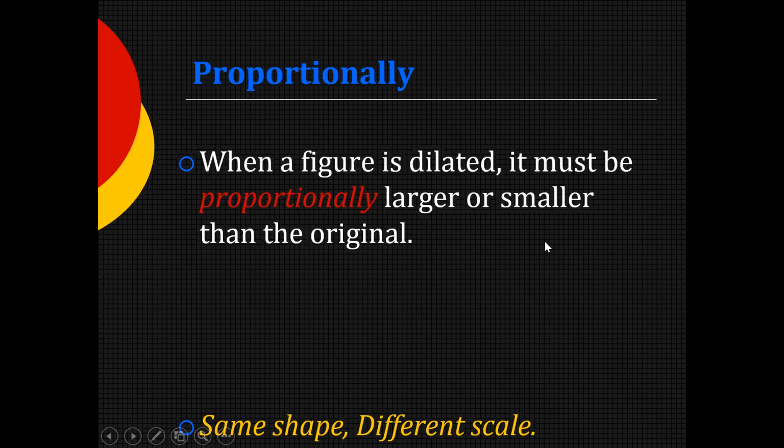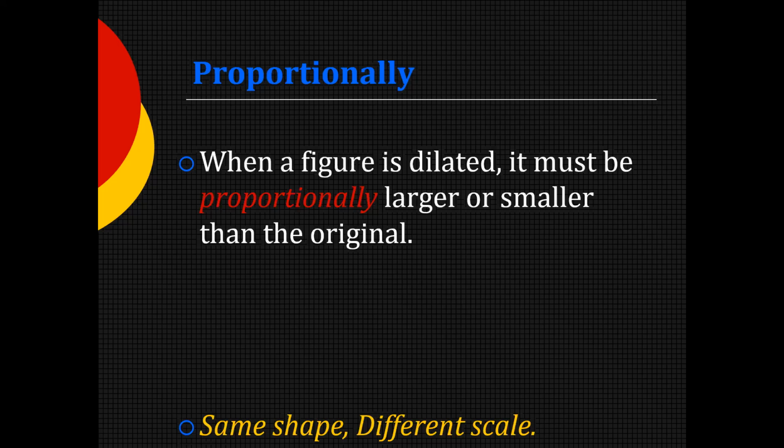It's similar but not exactly the same. When a figure is dilated, it must be proportionally larger or smaller than the original. Notice they keep on using the word proportional, because it has to be done in a certain manner. It cannot just be done any way.